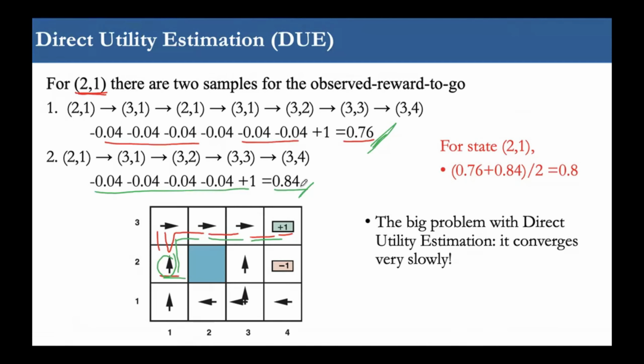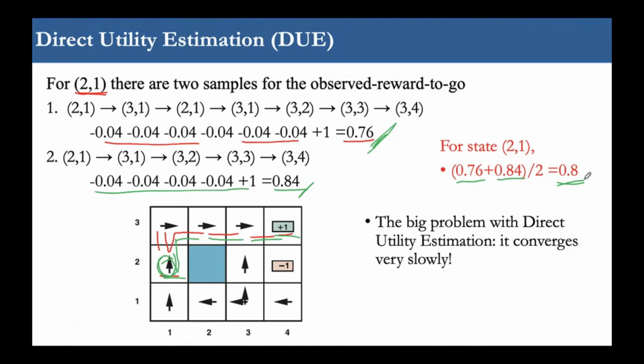In this case, we have two different paths and two different reward values, so we take the average value. The average is 0.76 plus 0.84 divided by 2, which is equal to 0.8. So it means that from 2, 1 to reach the positive goal, the average total reward will be 0.8. So this is what we are finding out.